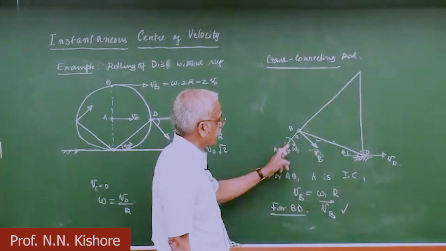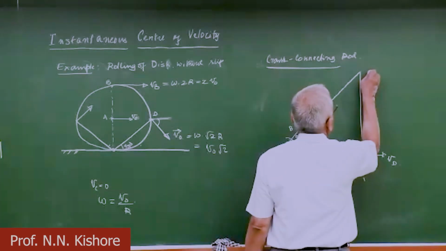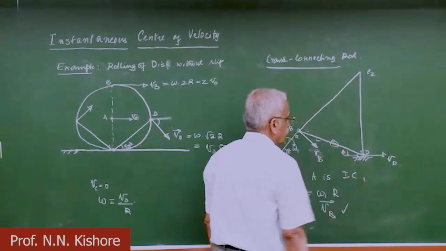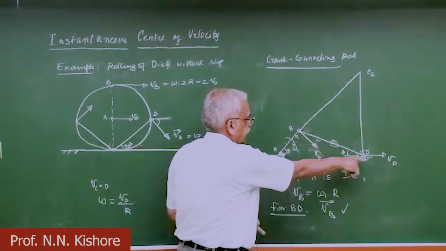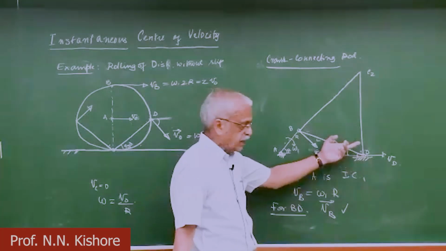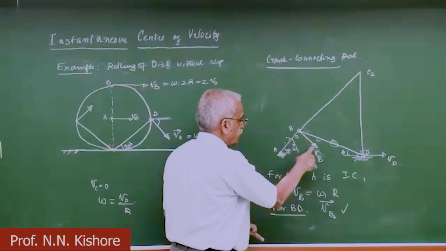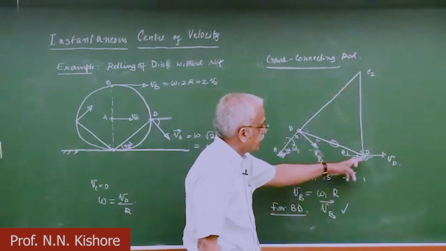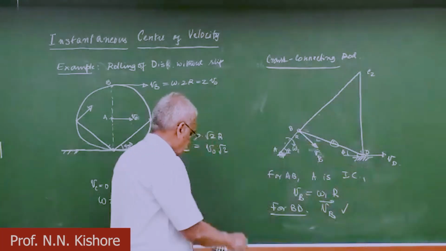Obviously, it's an extension of the crank itself. So this is C2, the instantaneous center for link 2, the connecting rod. VB is perpendicular to this, and then we draw a perpendicular to VD, a vertical line here because this is horizontal. Like this.